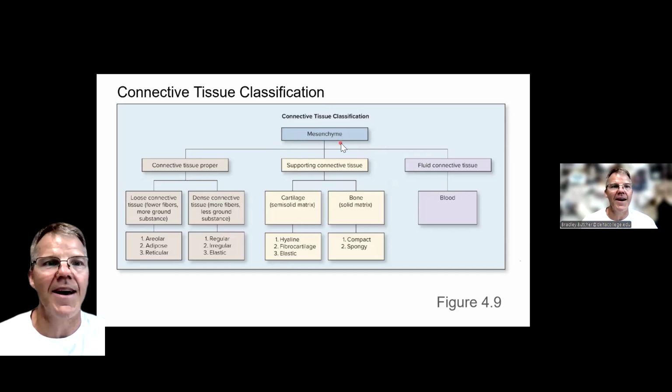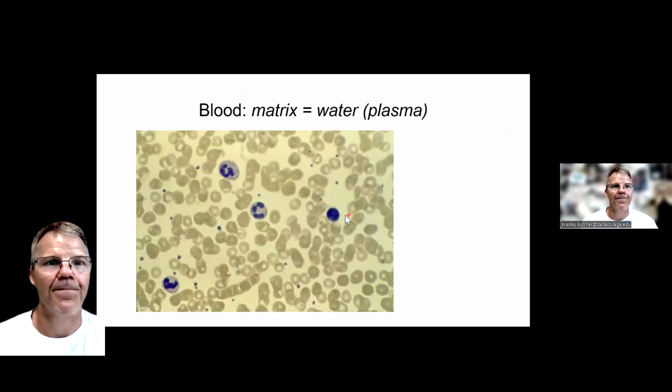You have that mesenchyme, you have that proper connective tissue, and some examples here. You have the supporting connective tissue like cartilage and bone, and then that fluid connective tissue, blood, and all the different types of cells that flow in the water of our blood.